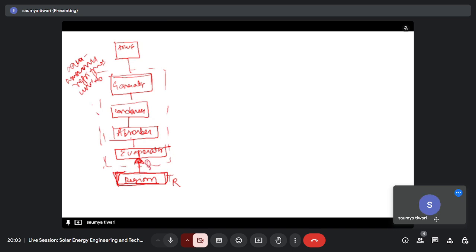Say that heat is represented by QE. Now another heat transfer is taking place in the generator. Some heat is required for desorption that we can get from any source. Say it might be solar in this particular question. So we are taking some heat into the system from this source. Say this heat is represented by Qg, and your source is at temperature T1.